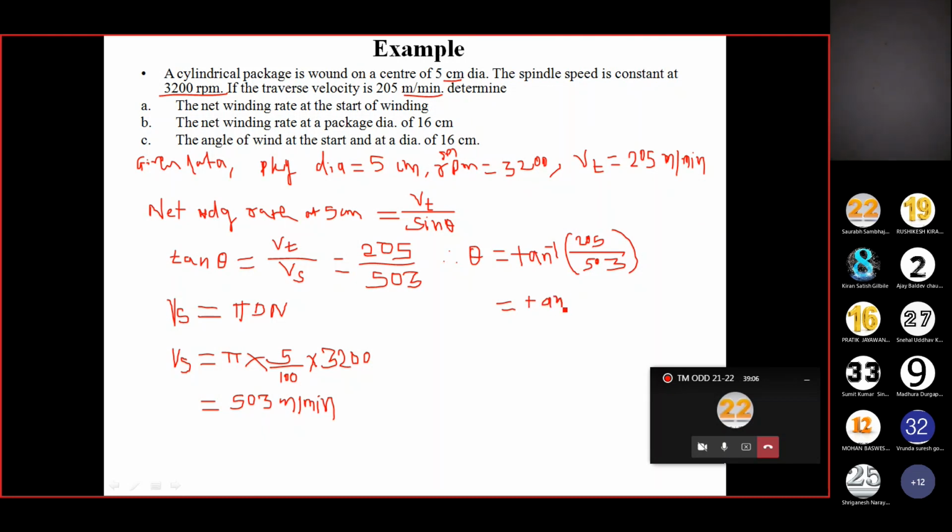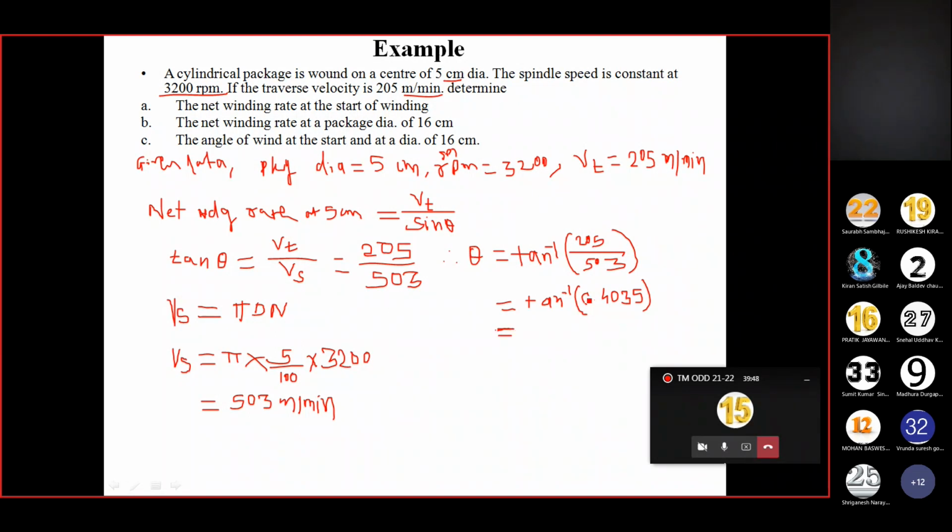So what is the answer of this 205 by 503? 0.4075, right? When you do tan inverse of 0.4035, you use your scientific calculator, you will get the answer.